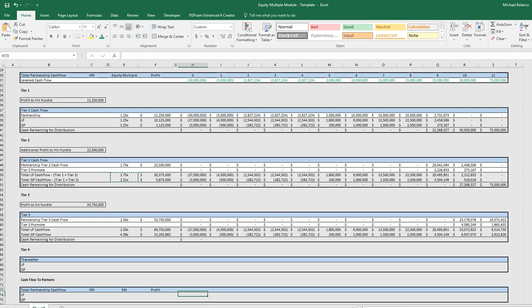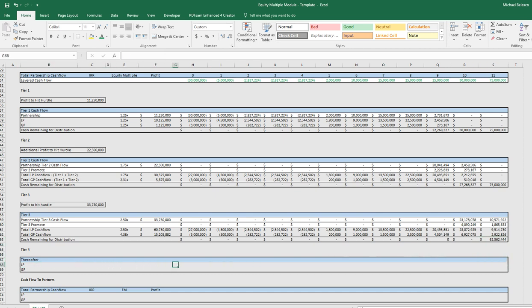Alright, and so we will copy this formula. And we see now that after tier 3, there's still $62.6 million remaining for tier 4 split, which is thereafter.